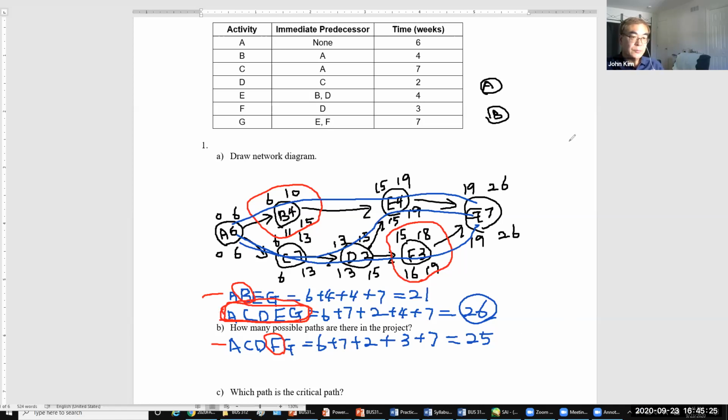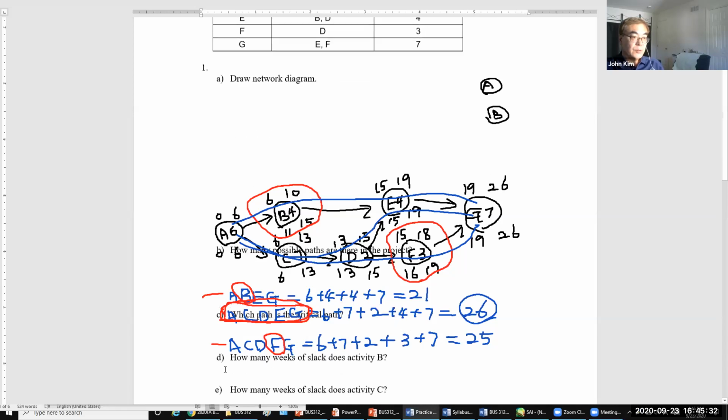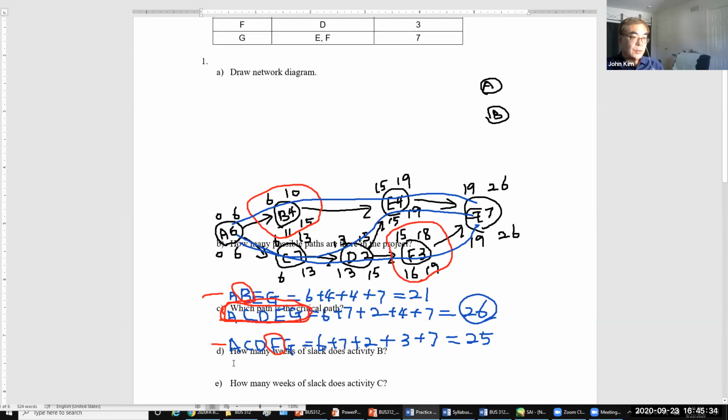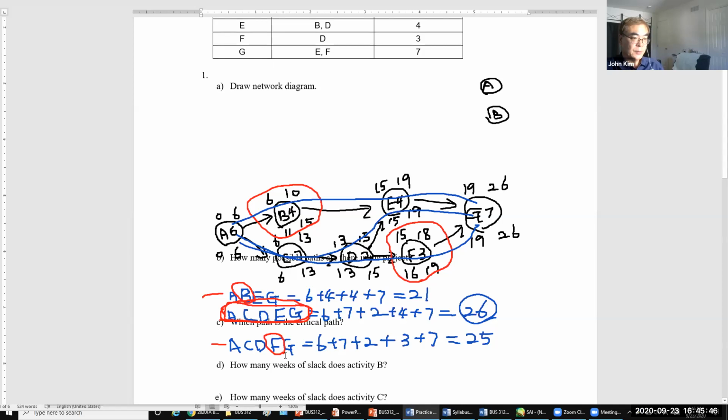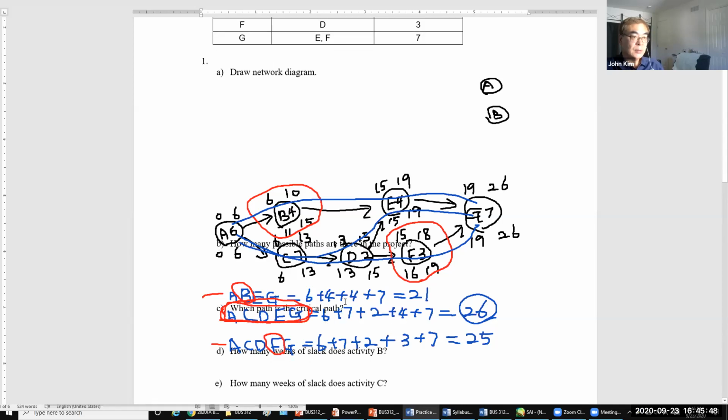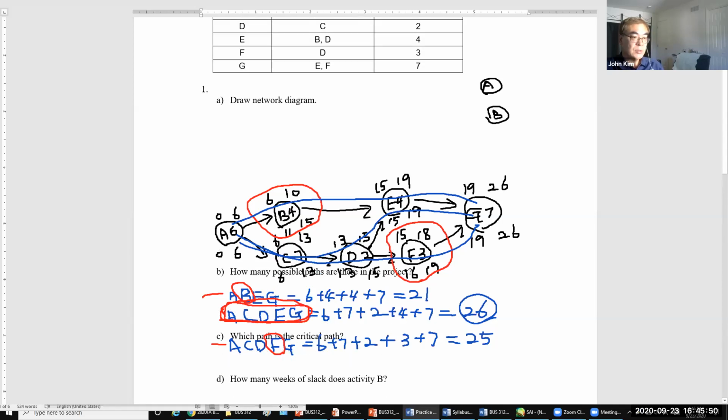So you can get how many weeks of slack B? B has 11 minus 4, so 5 weeks of slack. And then C, 6 minus 6, 0 slack. So this one has slack 5, this one doesn't have.